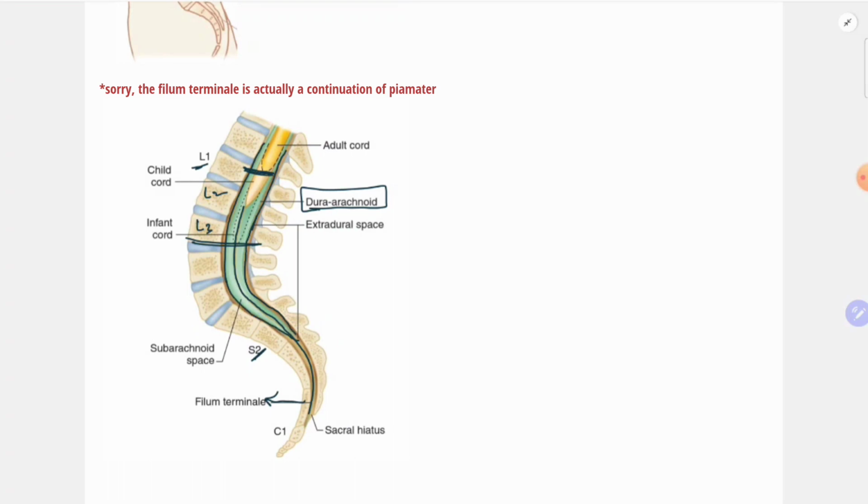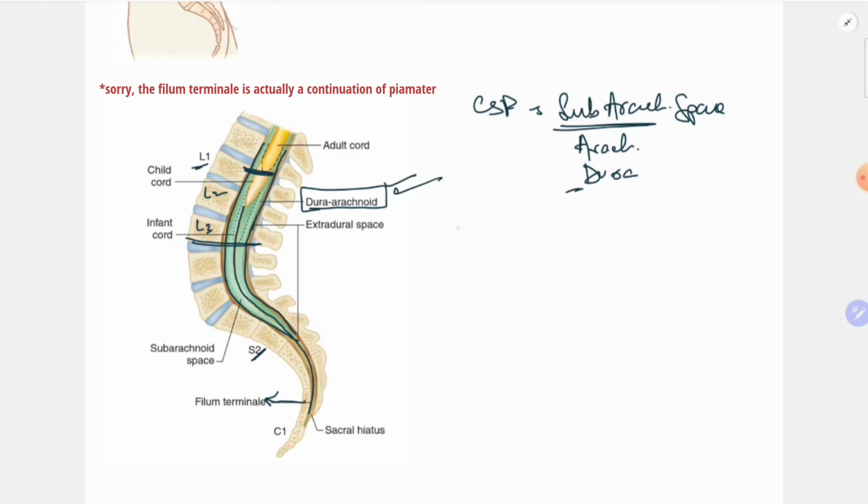Why I am mentioning this again and again is because CSF is present in the subarachnoid space. This subarachnoid space means it is bound by arachnoid, but for practical purposes, we consider it is bound by the dura arachnoid. So if we say the dural sac ends at S2, we mean that dura arachnoid actually terminates at S2, which means that CSF is available up till S2. Where this is important is that the main chunk of the spinal cord in adults ends at L1, right?